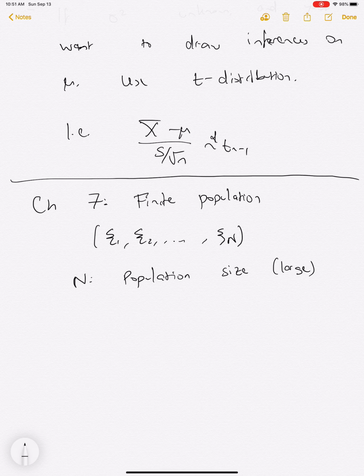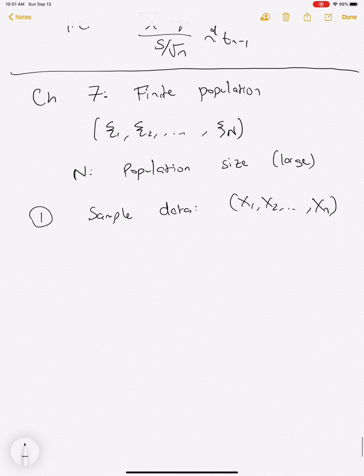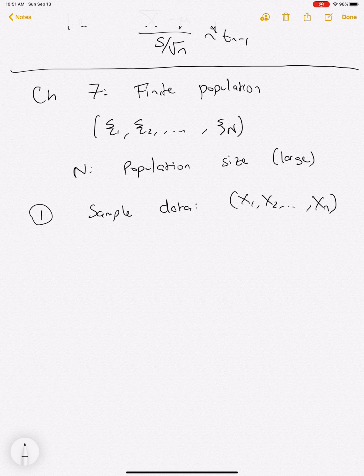Once again, your data is your sample data, x1 through xn. So the question is, how do you get that sample data from your population?